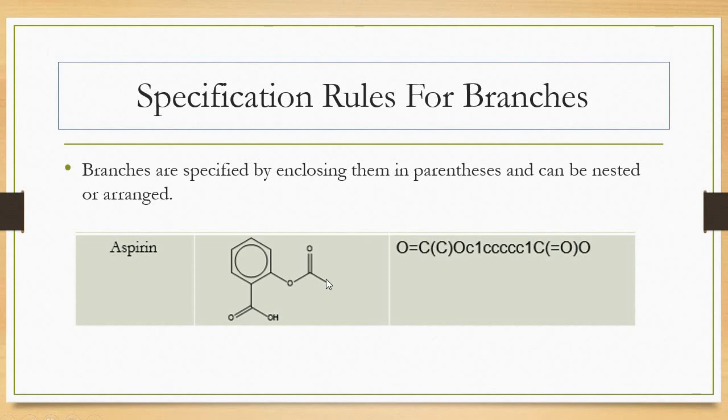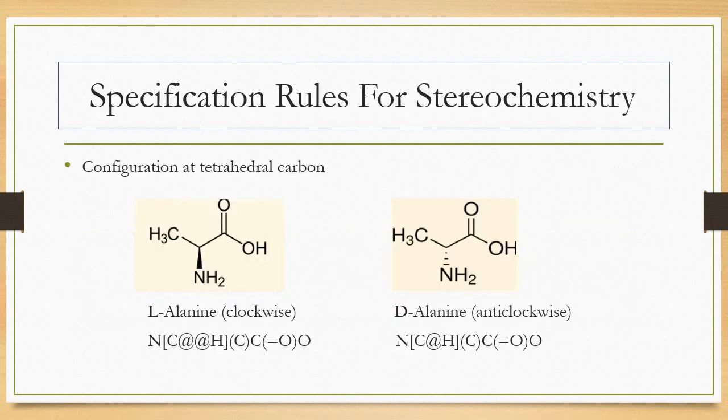So this is the SMILES for aspirin, in which there are two branches. One, this carbon branch is represented in brackets, and this double bond O is represented in brackets, and both show the branches. So we can represent branches by using brackets.